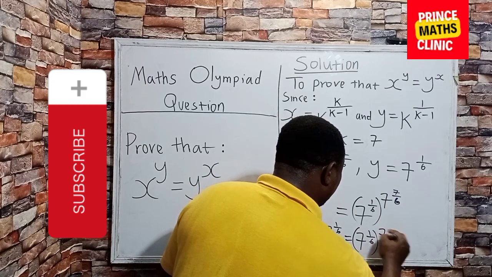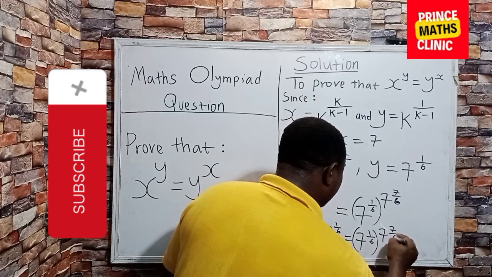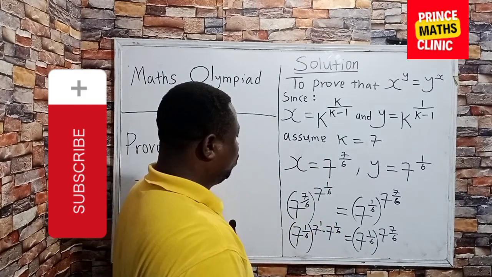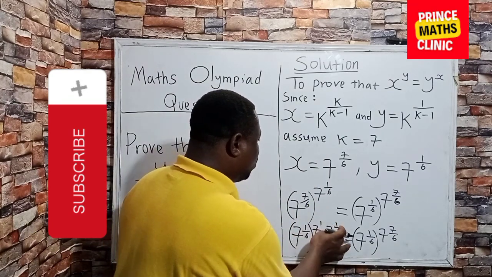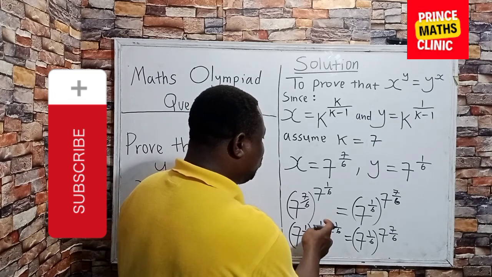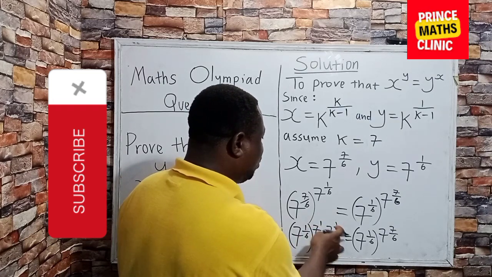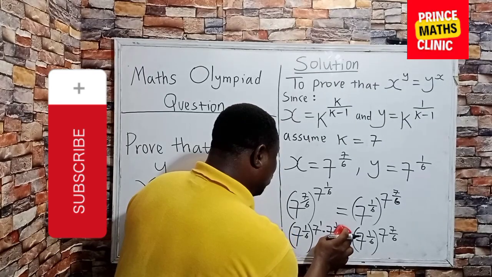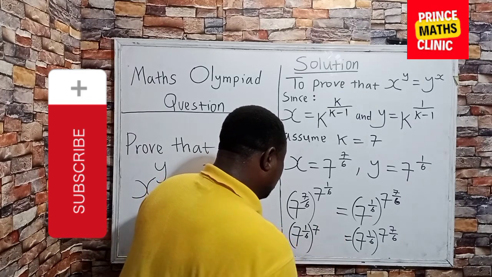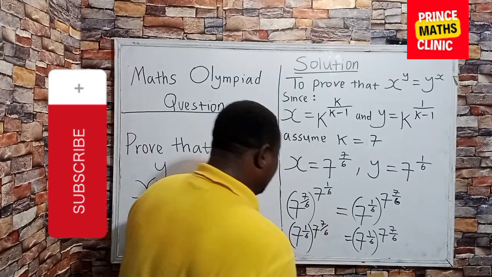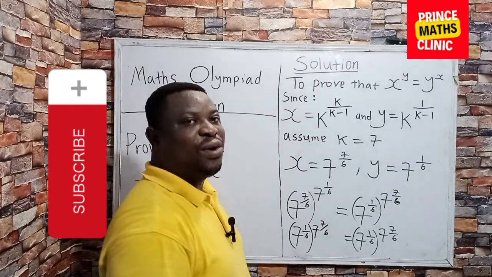Then here, 7 to the power of 7 over 6. Therefore, the power here is 1. So if you add 1 to 1 over 6, you will get 7 over 6, because this will become one whole number, 1 over 6. So 6 times 1, 6 plus 1, 7. So this becomes what? 7 to the power of what? 7 over 6. So which means both of them are correct.